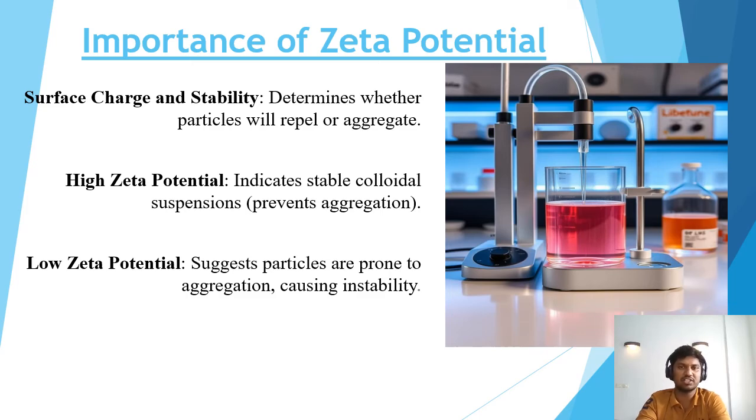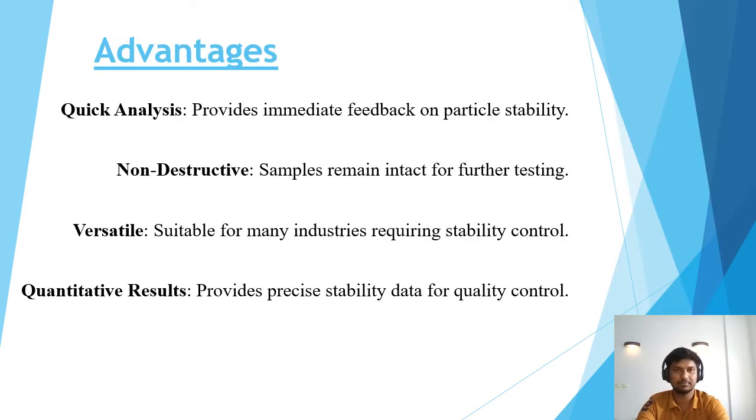And coming to the importance of zeta potential, why should we measure it? What is the importance of zeta potential? Surface charge and stability determine whether the particles will repel or aggregate. High zeta potential indicates the stability of colloidal suspensions and prevents aggregation. And low zeta potential suggests that the particles are prone to aggregation, which causes instability.